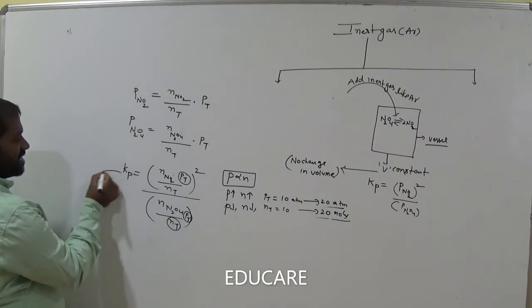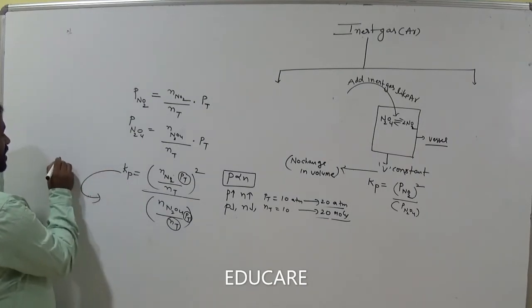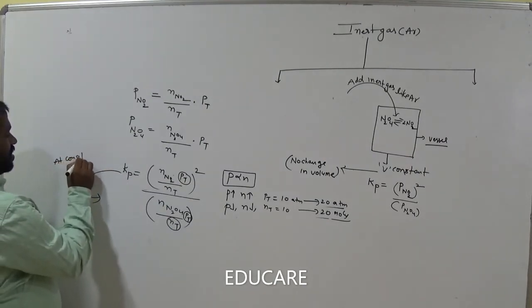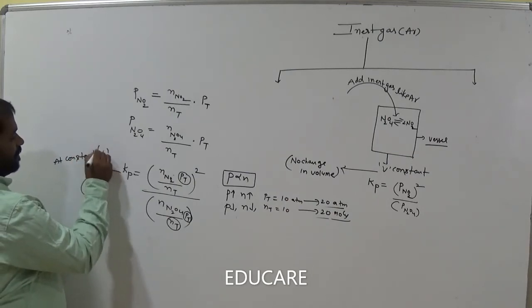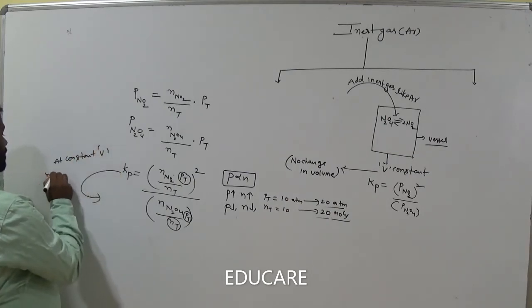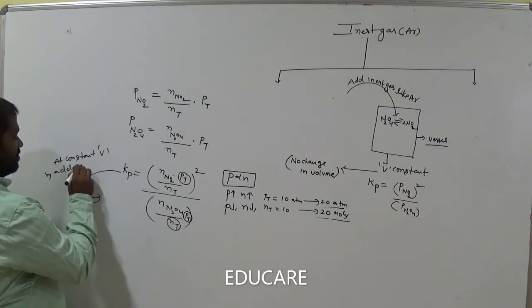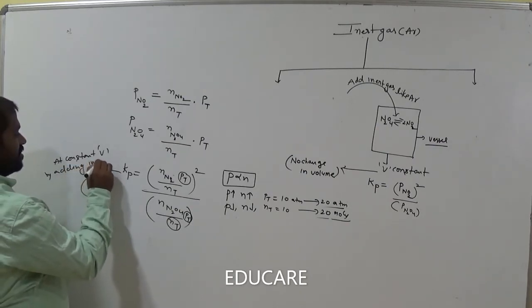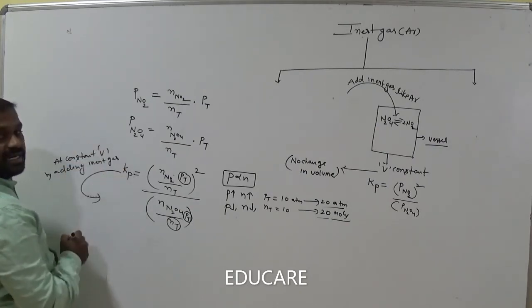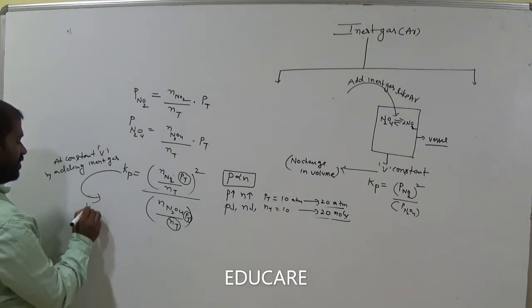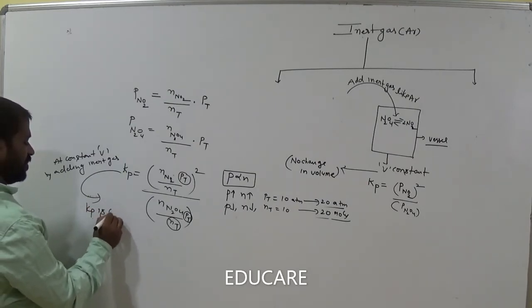So at constant volume, by adding inert gas, Kp is constant.